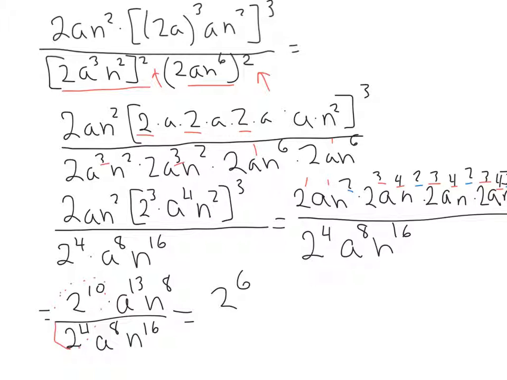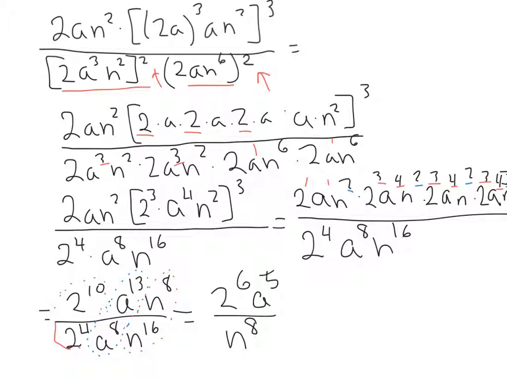If we deal with the a's right here, we have 13 of them on the top and 8 of them on the bottom, so if we cancel, when we're done, we should have 5 a's left on the top. And if we're dealing with the n's, we have 8 on the top and 16 on the bottom. So when we're done canceling, the ones on the bottom win, and there will be 8 of those left over. So it would be n to the 8th.